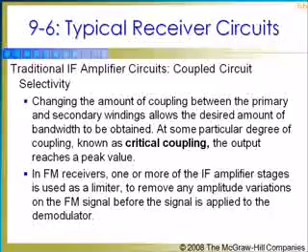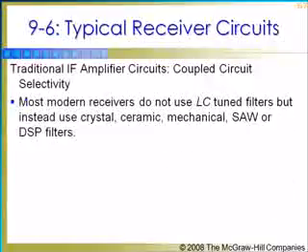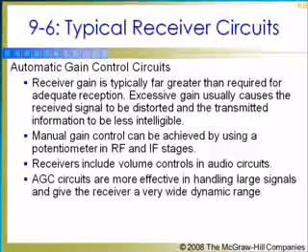In FM receivers, one or more of the IF amplifier stages is used as a limiter to remove any amplitude variations of the FM signal before the signal is applied to the demodulator. And lastly, most modern receivers do not use LC tuned filters, but instead use crystal, ceramic, mechanical, SAW, or DSP filters.